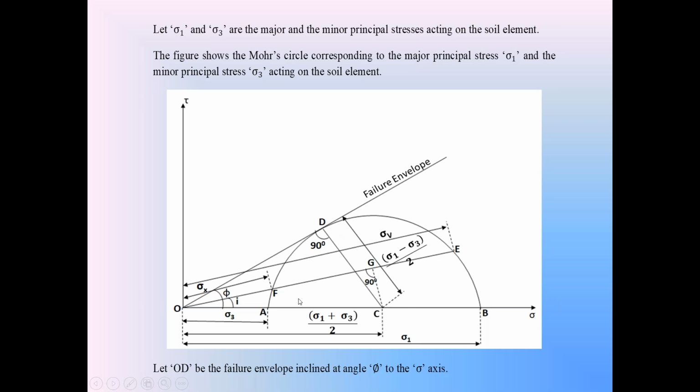According to the property of circles, if you draw the perpendicular from the center of the circle to the line EF, point G is the midpoint of the line EF.